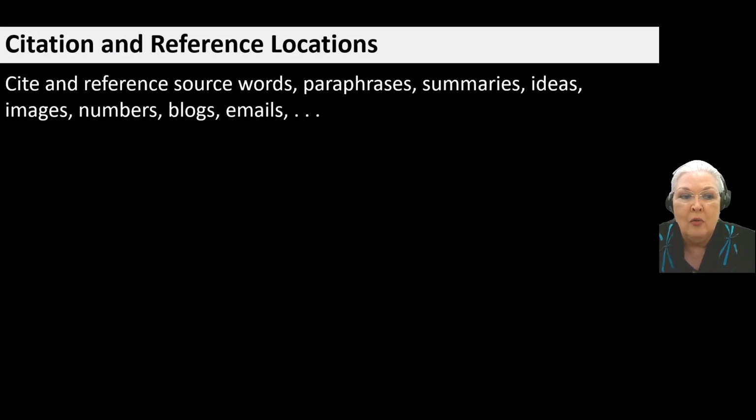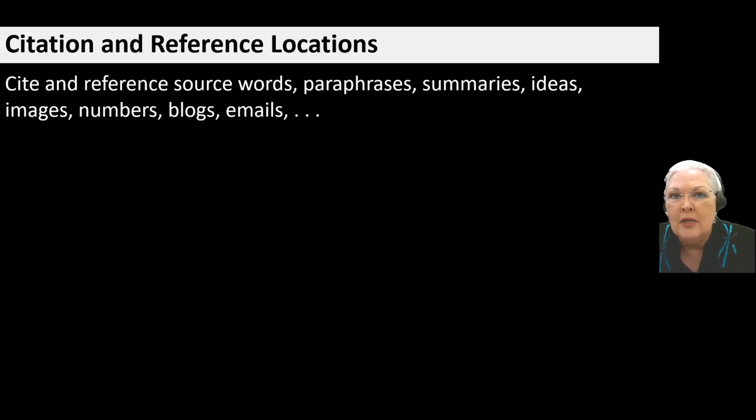Anytime we cite or use a source's words, so this would be the exact wording from a source in quotation marks, or even if we take those words and paraphrase them, restating them in our own words, or summarize them, we have to cite and reference.